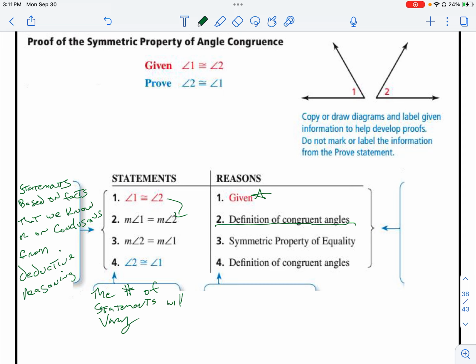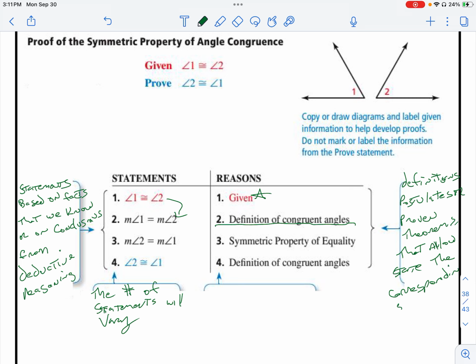The reasons that we can use, well, we can use definitions, postulates, or proven theorems that will allow us to state the corresponding statement.